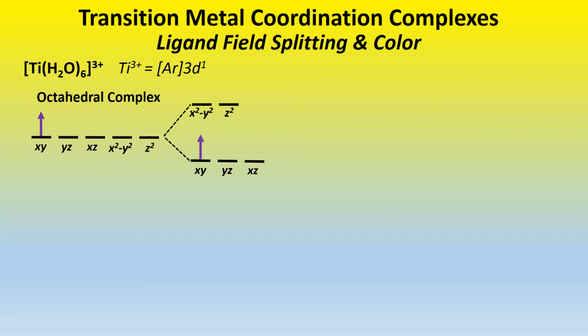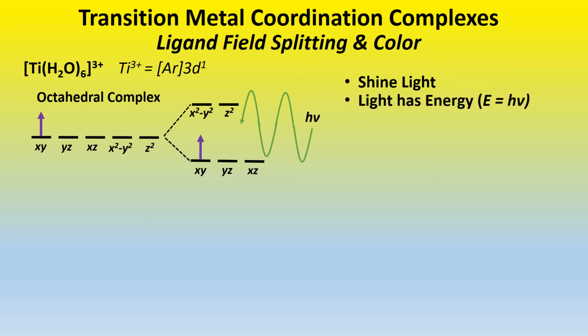However, if I shine a light into this solution, one remembers from General Chem 1 that light has energy. E is equal to Planck's constant times the frequency. Energy can be transferred, energy can be absorbed.